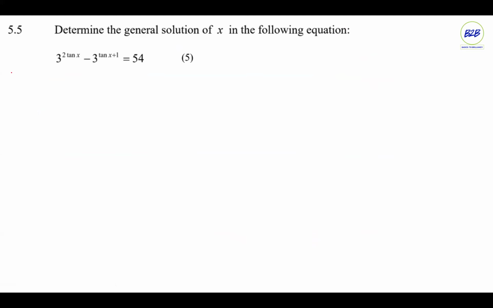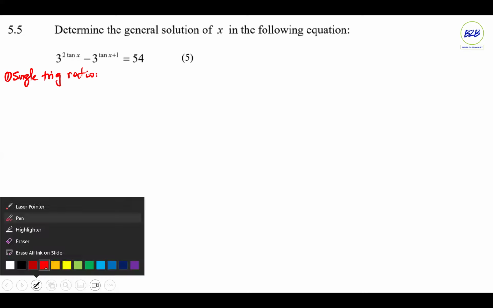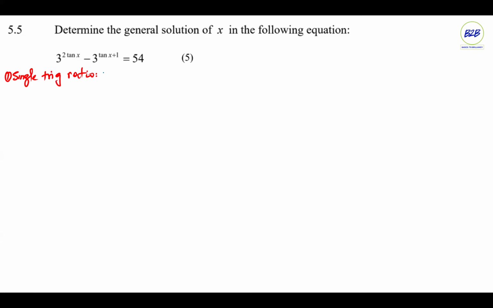So the first step, as you know, we are trying to express all of this in a single trig ratio. And by the looks of things, the single trigonometric ratio step is sorted here. We see that the whole equation here is in terms of tan.